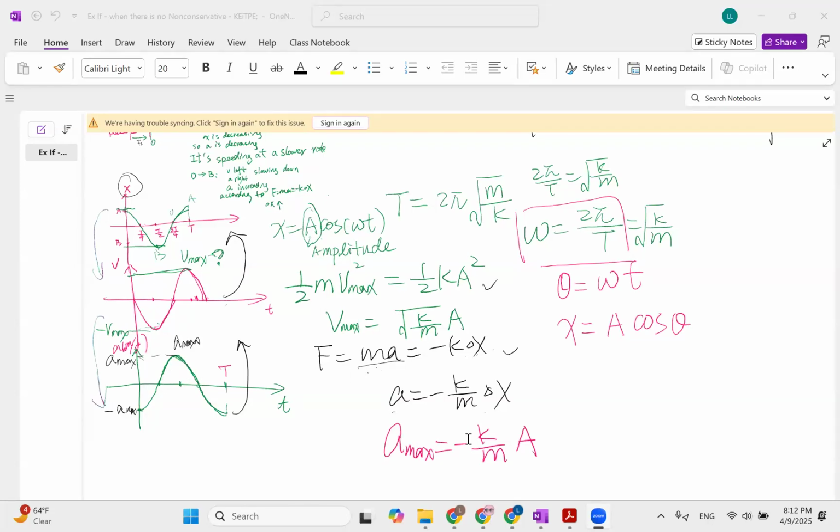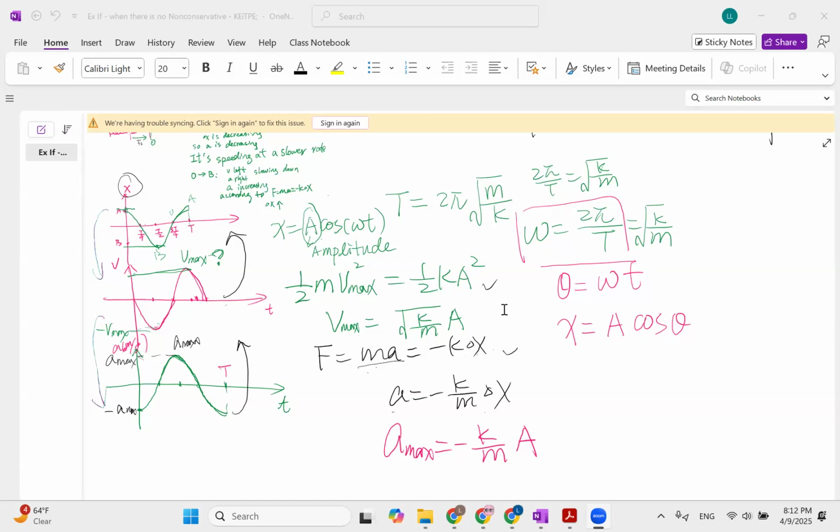A max will be equal to K over m times the amplitude. Got it? And the period is 2 pi square root of m over k. So you'll find omega will be equal to square root of k over m, right?